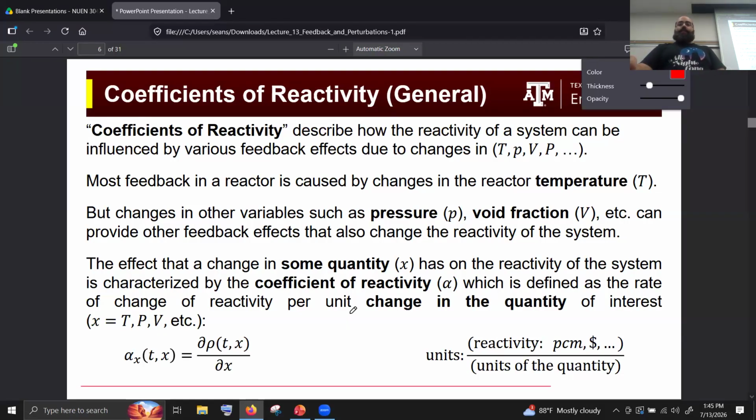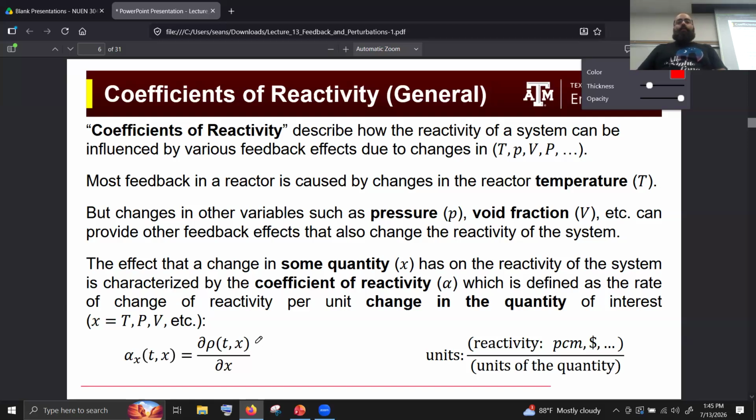Effectively, you're taking the derivative of the reactivity with respect to whatever that quantity x is. And if you want to take a derivative, you need to know the reactivity as a function of this quantity x.